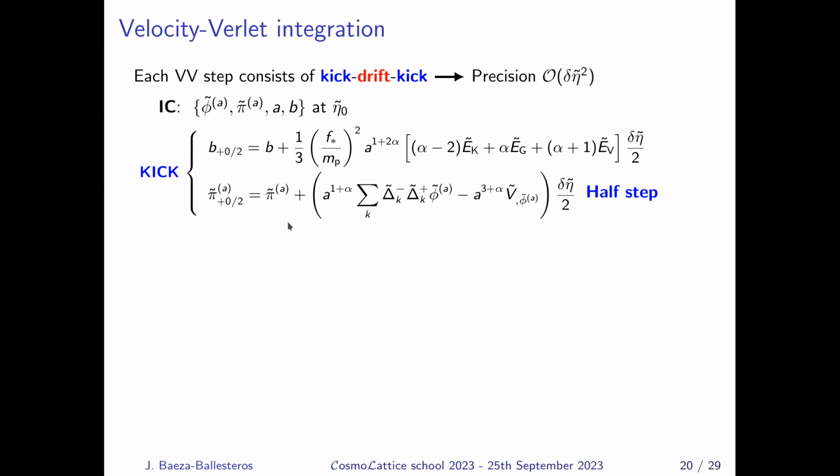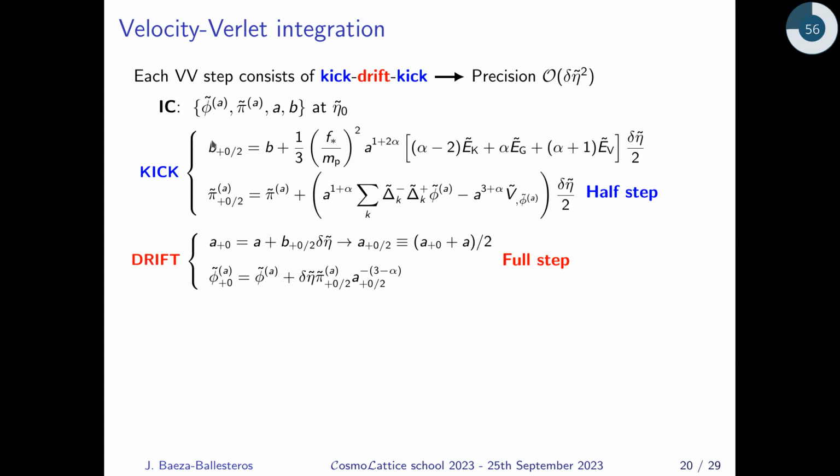And these are the equations we have to solve. The quantity we want to evolve is just the initial quantity we had plus the corresponding kernels. And then we obtain the values of these quantities at half time step forward.